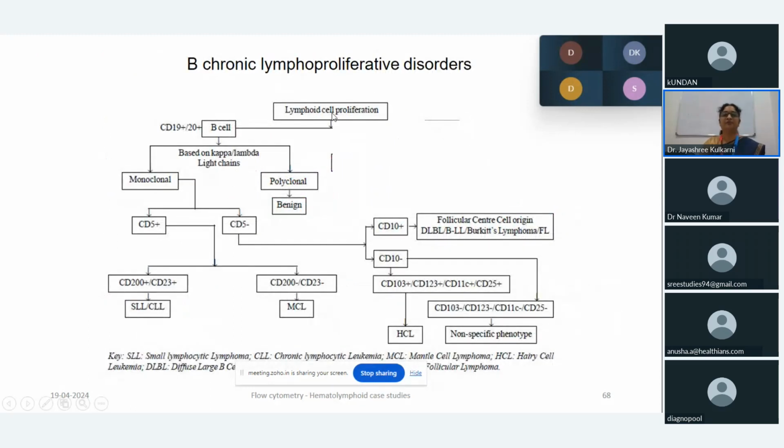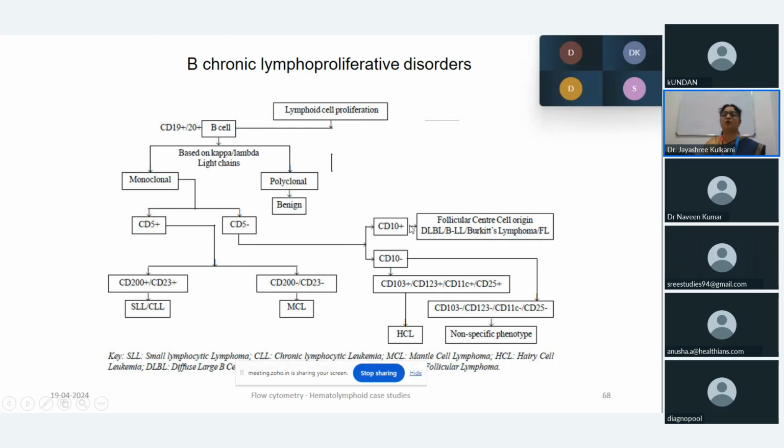Now, for B lymphoproliferative disorders, this is a beautiful figure which you can use in your day-to-day practice. So, for B cells, you first look at whether it is polyclonal or monoclonal. The first marker you will look at is CD5. If it is CD5 positive, you look at other markers like CD23 and CD200, which are positive in CLL, SLL. If they are negative, then you think of a mantle cell lymphoma. Now, if your CD5 is negative, the next marker you look at is CD10, positive or negative.